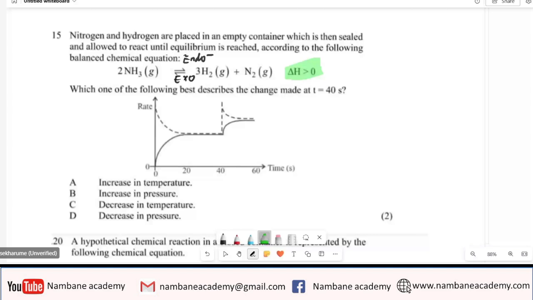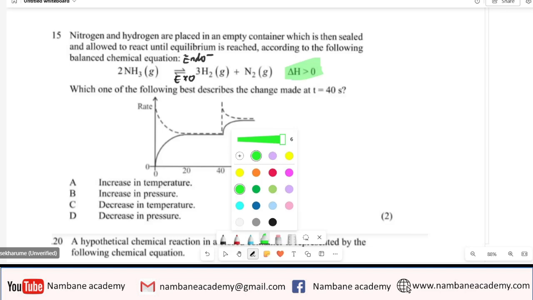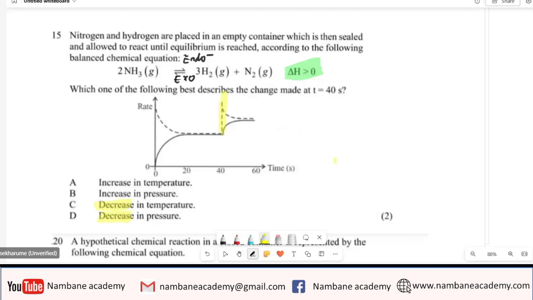Let me explain something about the spike. C and D are decrease and decrease, but according to the spike, it must be an increase. So C and D are out because the spike is facing up. You are trying to eliminate the two options that will be incorrect in your answer.